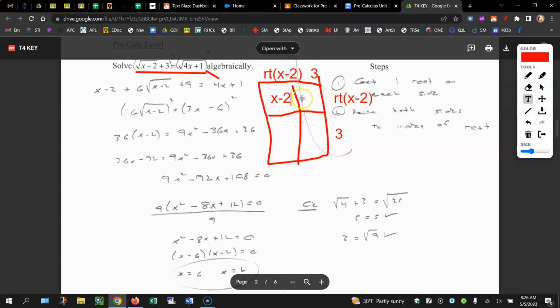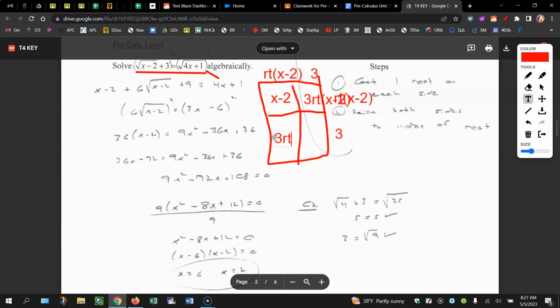3 times the square root of x minus 2 is just going to be exactly that, which is going to be 3 times the square root of x minus 2. I should have left a little more room there. I apologize. Again, here, this is going to be very similar.